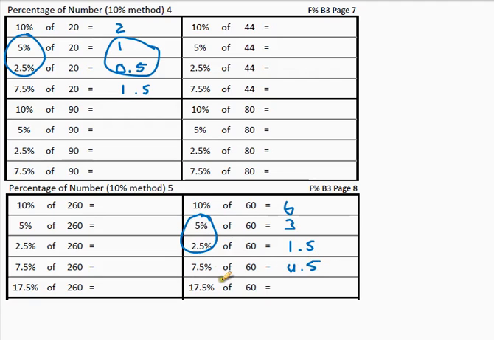And now 17.5 is 10 plus 7.5, in other words 6 plus 4.5, which is 10.5.